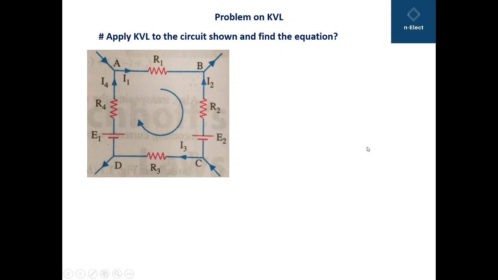Now, keeping these conventions of the battery and Kirchhoff's voltage law in mind, we are going to solve one problem. Here one loop is given, which is a closed loop, and within the loop the current is flowing clockwise. In this arm current I1 is flowing, here I2, here I3, and in this branch I4.